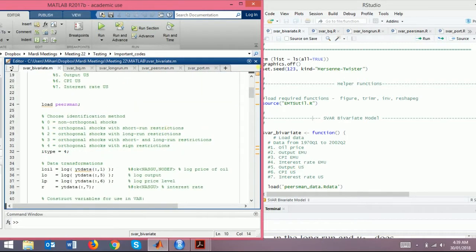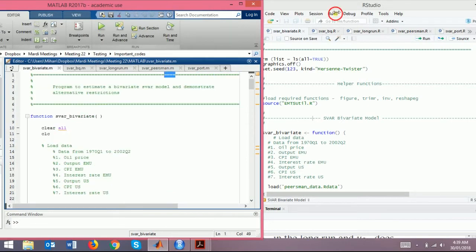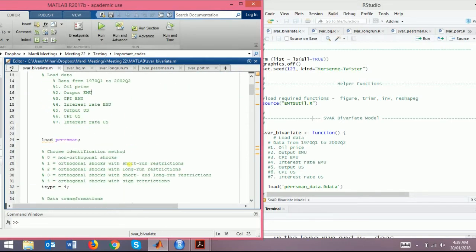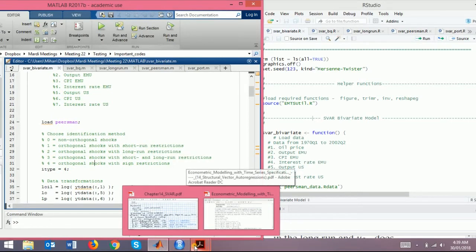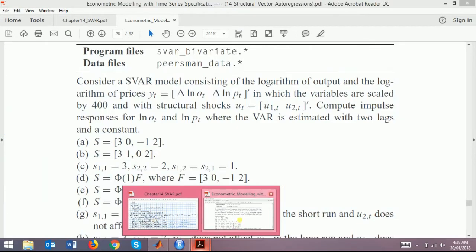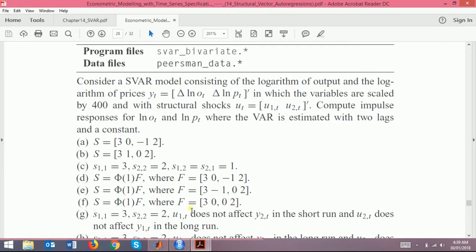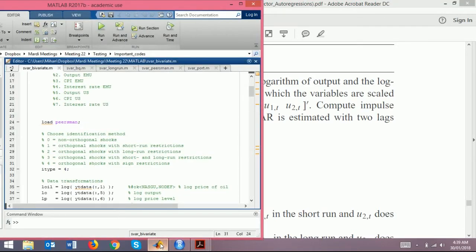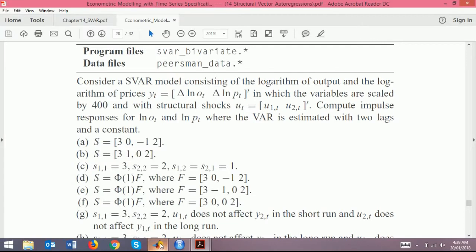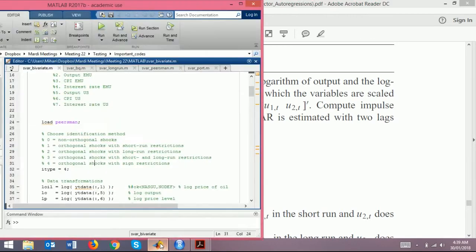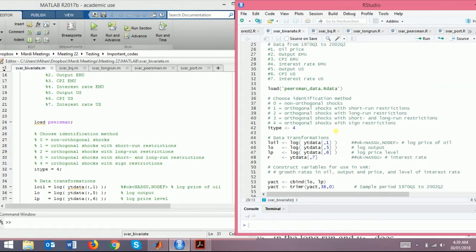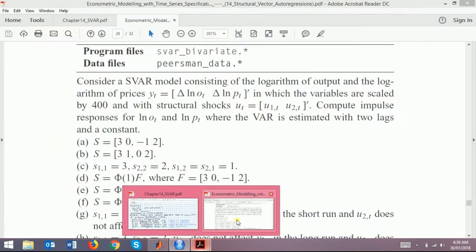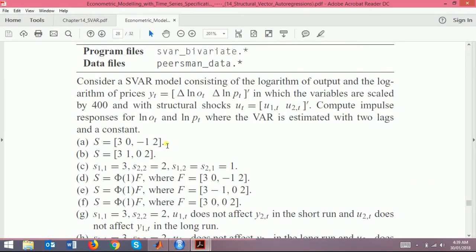Then comes the identification method. What were the identification methods? What we have just talked about: when we put 0, we are talking about non-orthogonalized shocks. Let's compare it with the question.